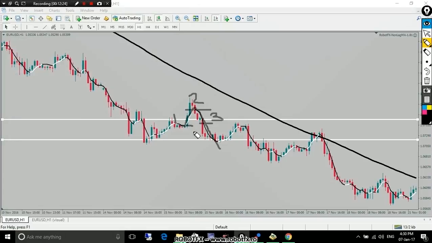As in this example, if the expert advisor will hedge, we'll open a sell of lot size 1, we'll open a buy of lot size 2, we'll open another sell of lot size 3. Now, since we have both sells, the lot size together is 4, which is obviously bigger than 2, double.